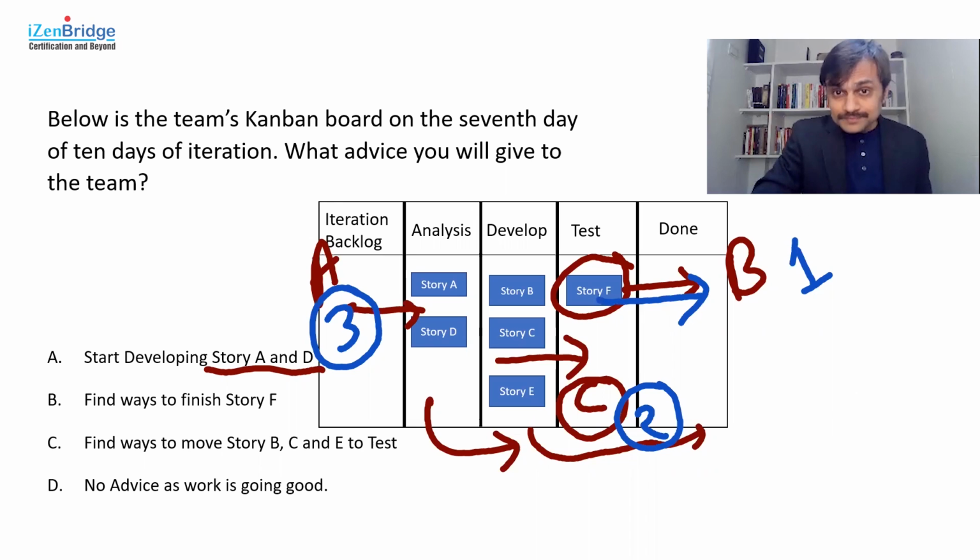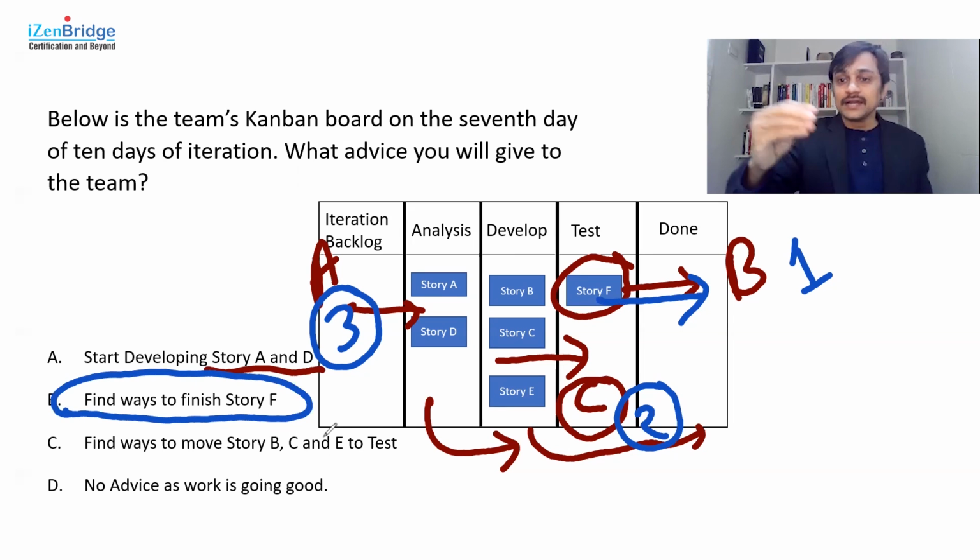So what should we pick up? Option B: find a way to finish story F so that at least something gets marked done. Keeping the done column empty after 50% of the sprint is over is not a good idea. That's something you can pick up while dealing with such questions.